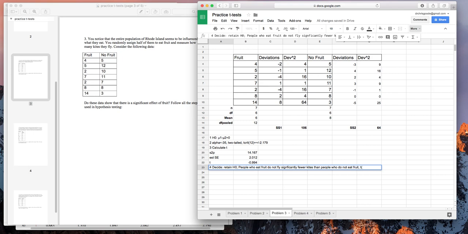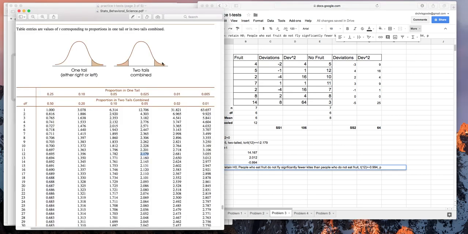And then t at 12 pooled degrees of freedom was negative 0.994 with a p. Well, what was p? We don't know what p was exactly, but we know that 5% is in two tails combined, and our p wasn't in that 5%.